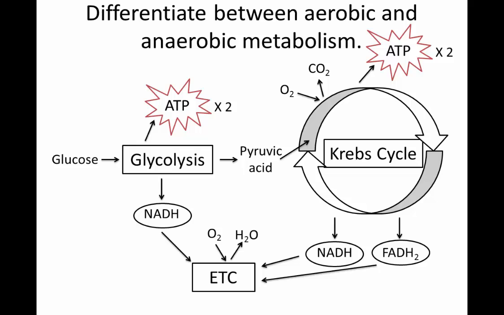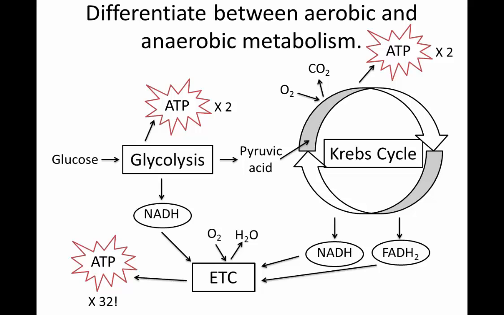So again, the electron transport chain occurs under aerobic conditions when oxygen is present. In the end, ultimately, it produces 32 ATP. That's important to note because you can see that glycolysis produces a little bit of ATP. The Krebs cycle produces a little bit of ATP, but really the electron transport chain is the main source of energy production in our cells.